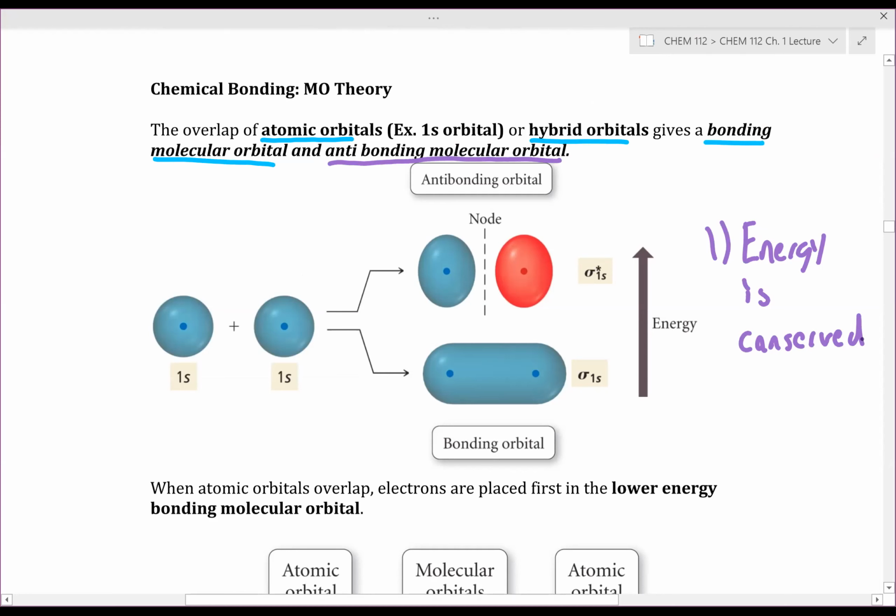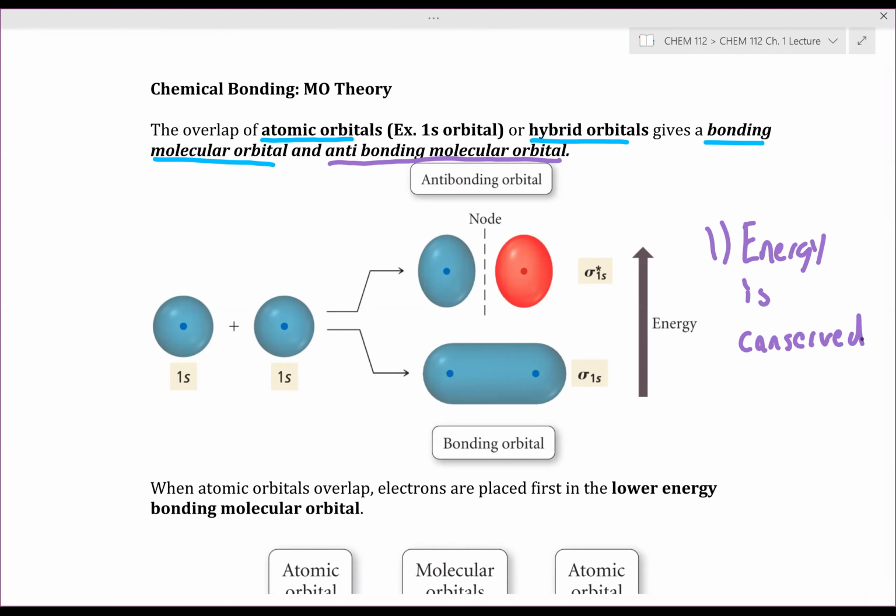So, your bonding orbital is lower in energy, and your anti-bonding orbital is higher in energy. The amount that an anti-bonding orbital is increased is the same as the energy that our bonding orbital has decreased. So we haven't gained an inherent benefit from this orbital overlap, just in terms of our two orbital energies.